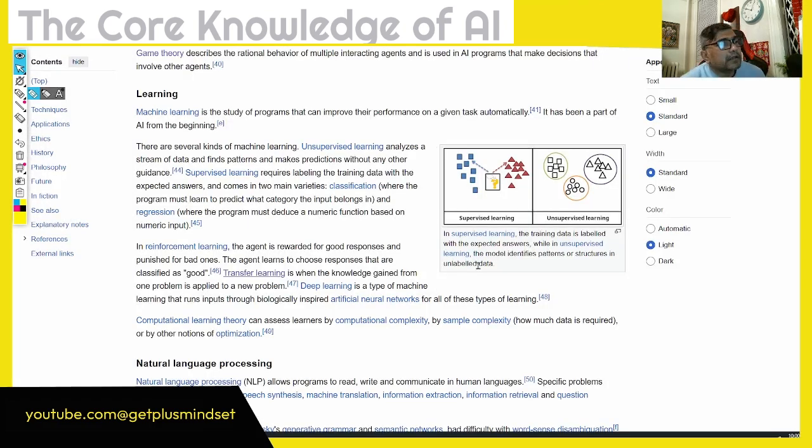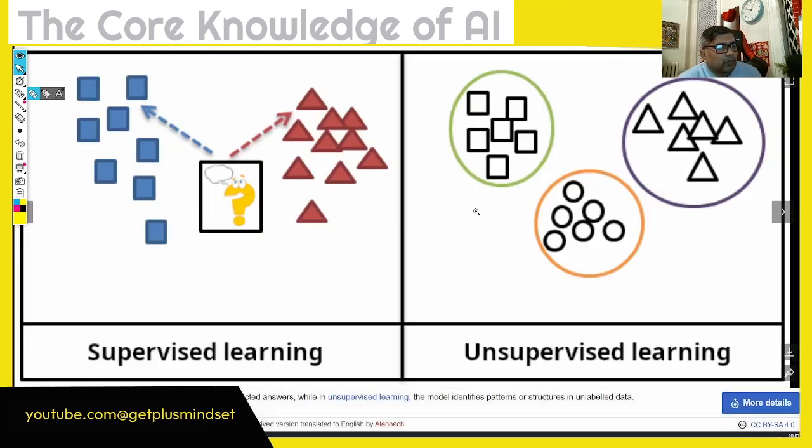This is applicable because there are situations when you need to categorize a lot of data according to a particular attribute. Let us take the example of this image, where an AI model is trying to separate two different images, one in square shape and one in triangle shape.